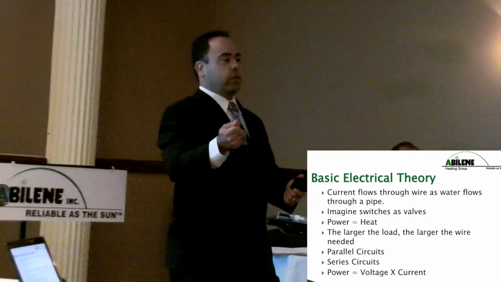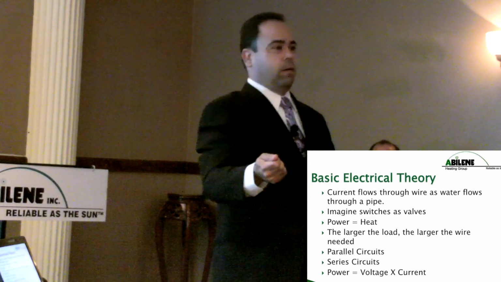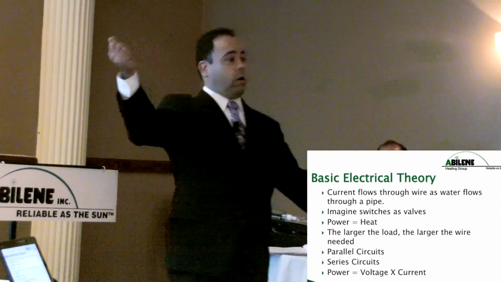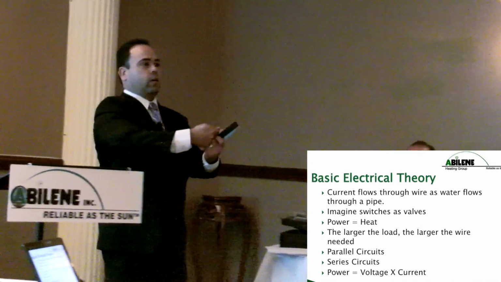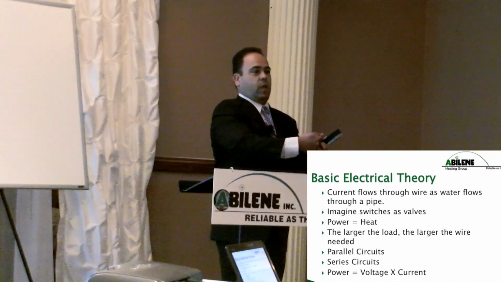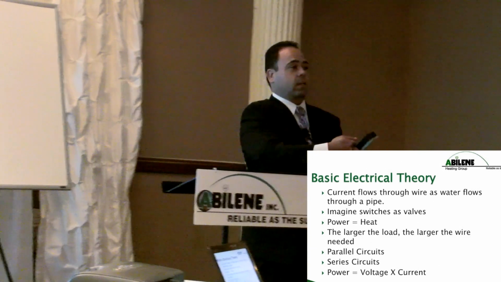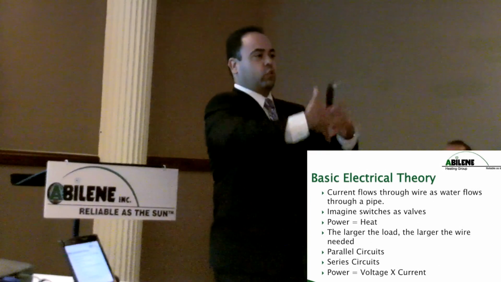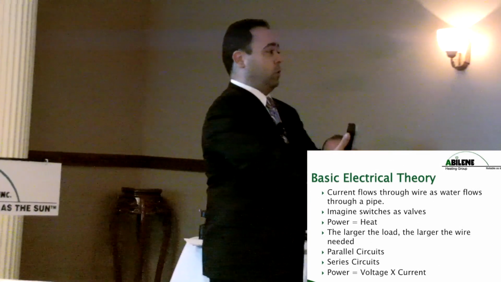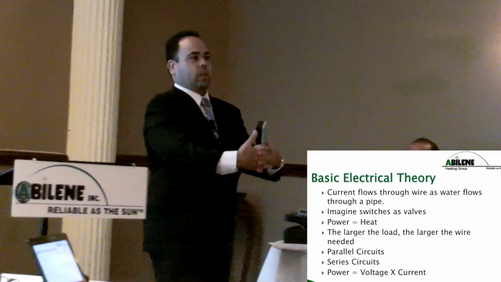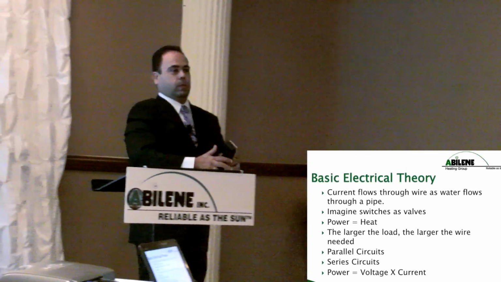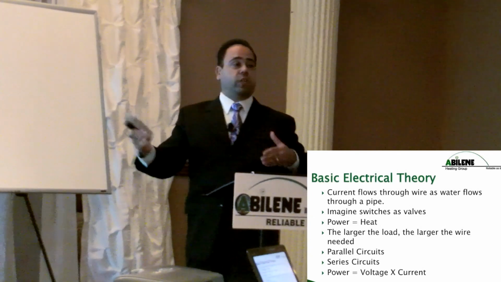And with that electric, we're melting wire. When we bring our electrode and ground together, what happens? It arcs. And it arcs at such a high heat that it melts that wire and brings two pieces of metal together. That's what we're doing when we're welding. It's heat. So power is heat.